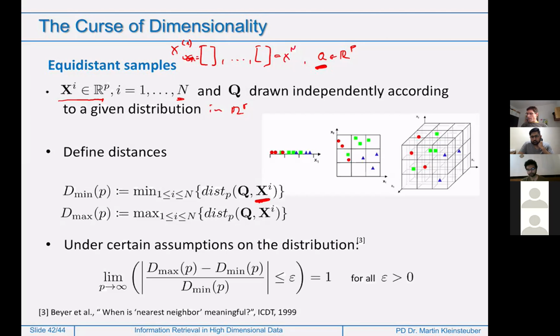Okay, and then it sees that d max tends to be d min. This is how you can read that under certain assumptions on the distributions. And also here, this is the nice paper that goes into much more detail. But when is nearest neighbor meaningful? That's the thing.